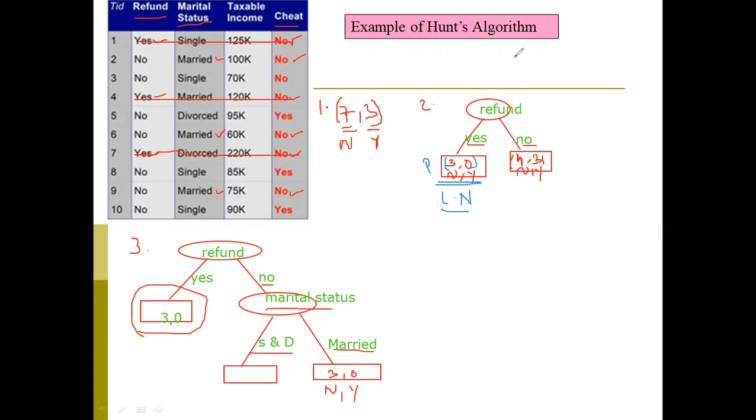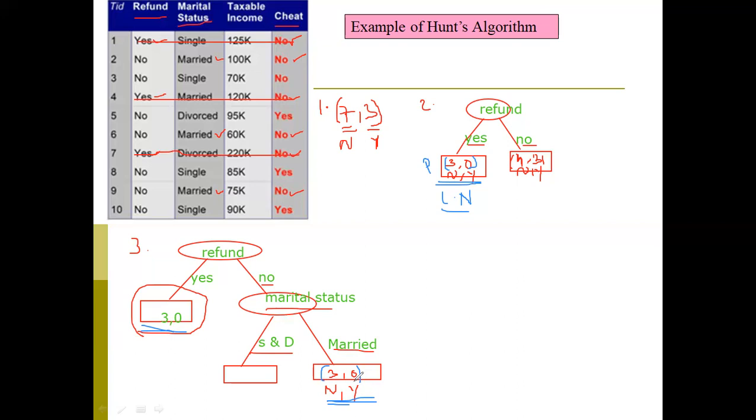So you may say this particular node is also called a leaf node. Why? Because here we have a pure node. Pure node means 3, 0, or you may get 0, 3. At least one class label is represented with 0.